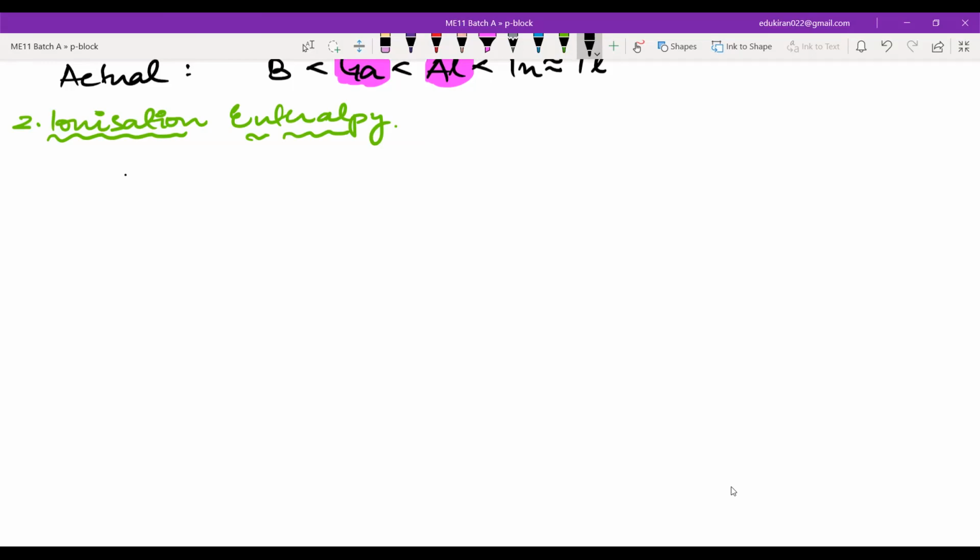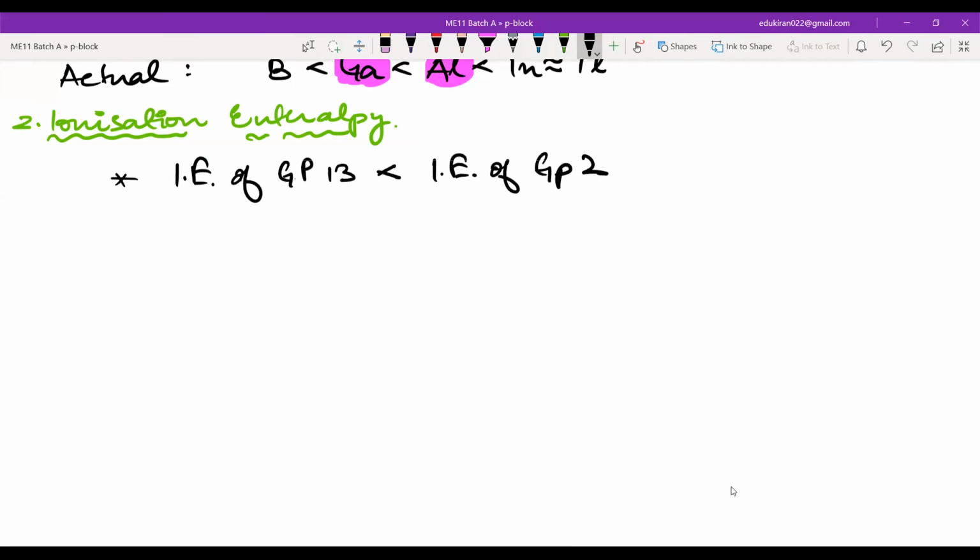Okay, so write with me. Ionization enthalpy of group 13 is less than the ionization enthalpy of group 2, alkaline earth metals.